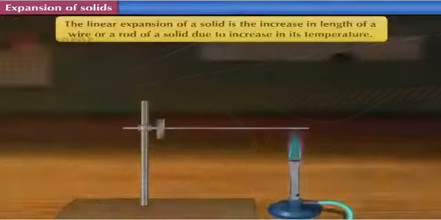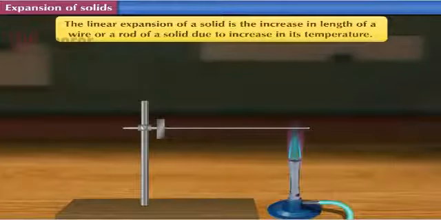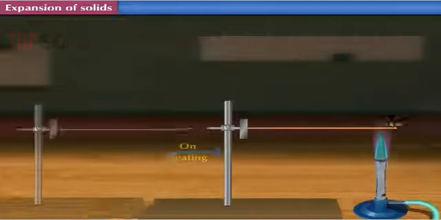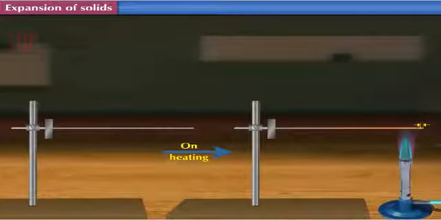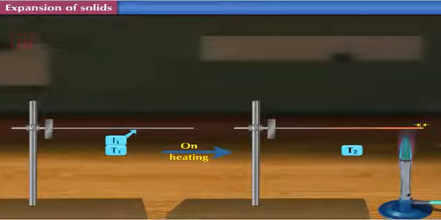Expansion of solids. The linear expansion of a solid is the increase in length of a wire or a rod of a solid due to increase in its temperature. When we increase the temperature of a rod of length L1 from T1 to T2, its length becomes L2.